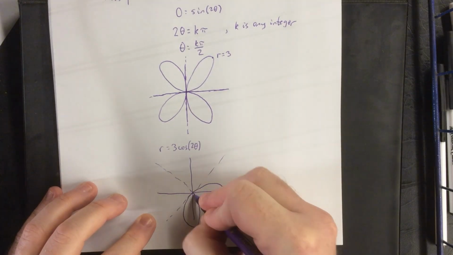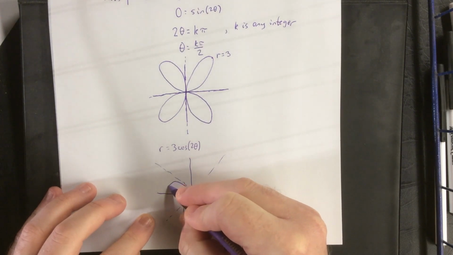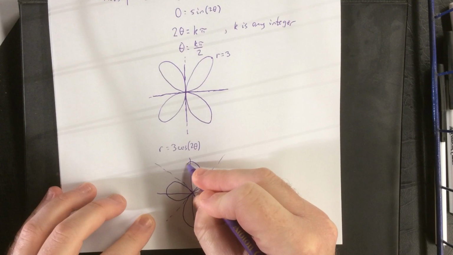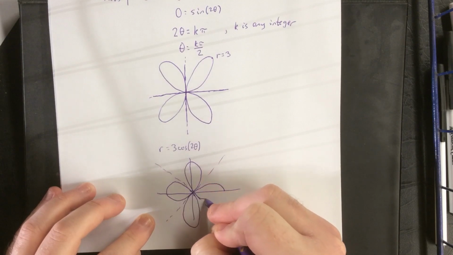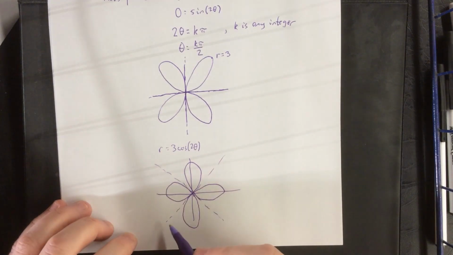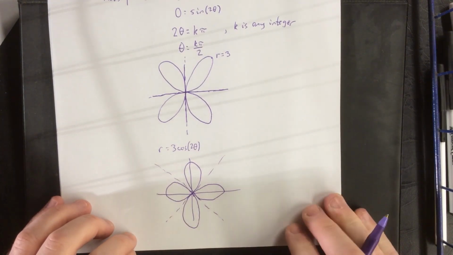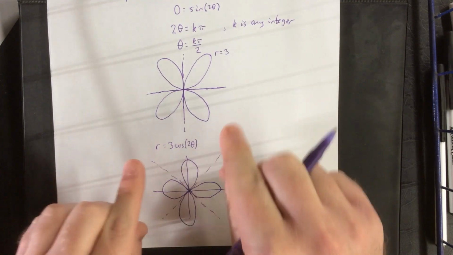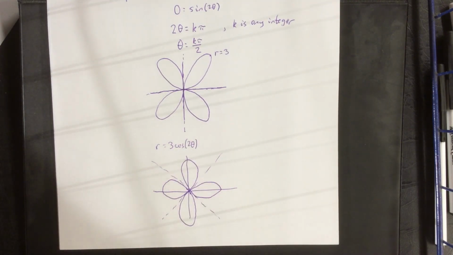So extreme points are going to be on the axes, and petals are going to have their boundaries at pi over 4, 3 pi over 4, 5 pi over 4, and 7 pi over 4. So it just kind of tilts the roses ever so slightly.